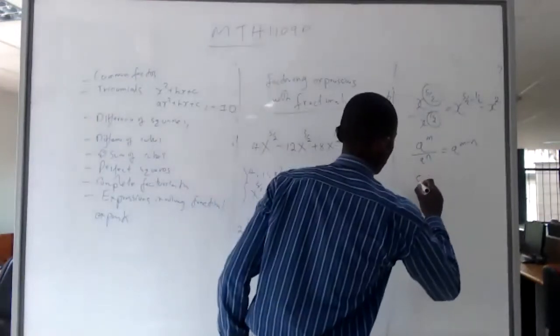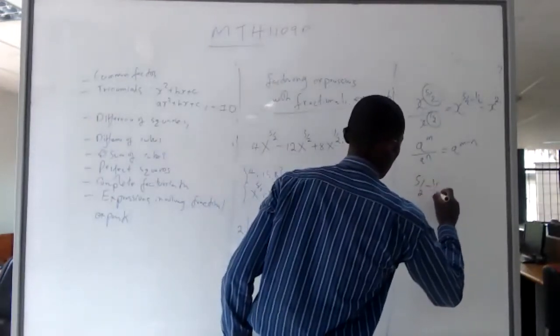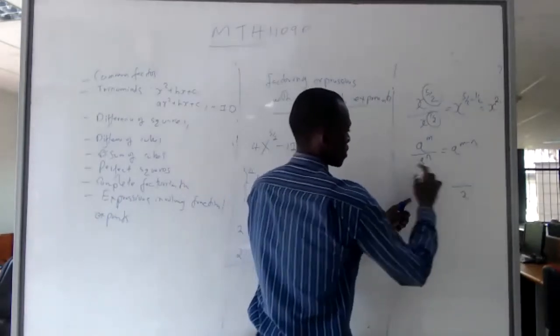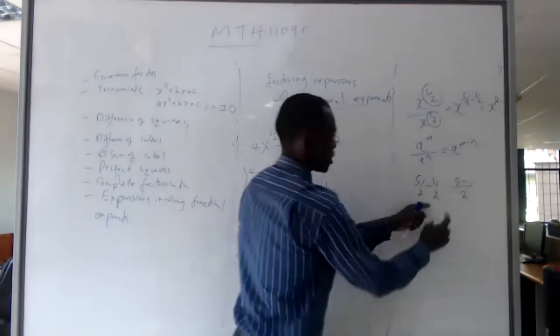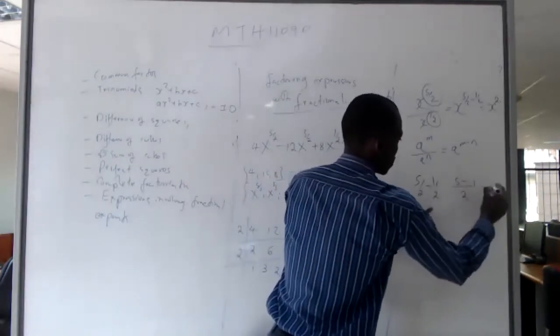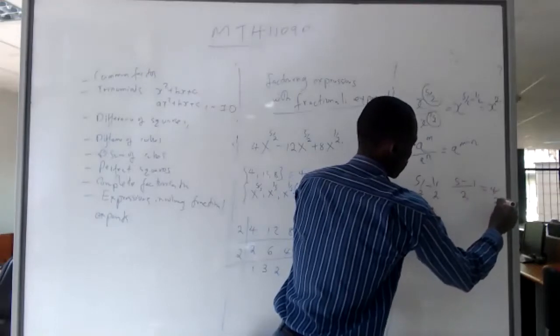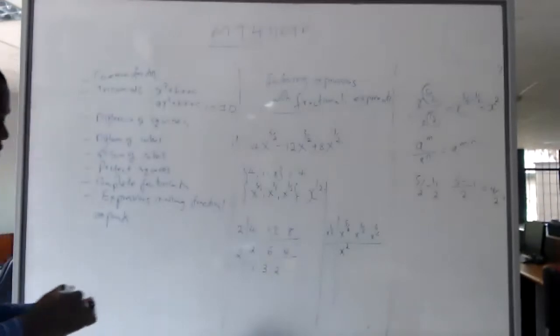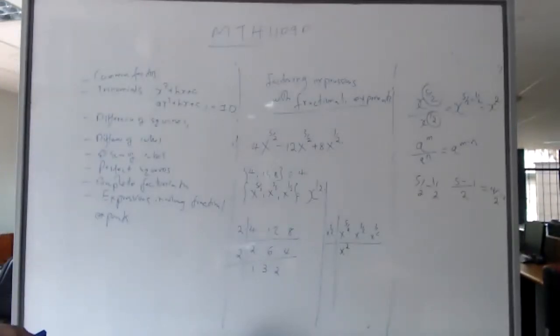So 5 over 2 minus a half. The LCM is 2, so 2 into 2 ones, 1 times 5 is 5, minus 2 into 2 ones, 1 times 1 is 1. 5 minus 1 is 4, and 4 divided by 2 is 2. Is that okay, Abdiakim? Yes, sir.